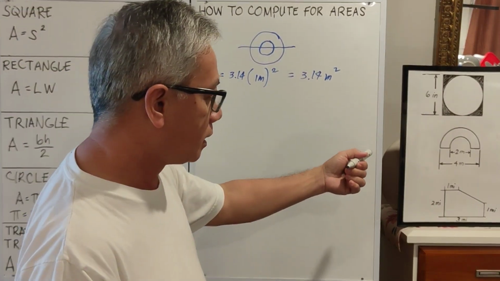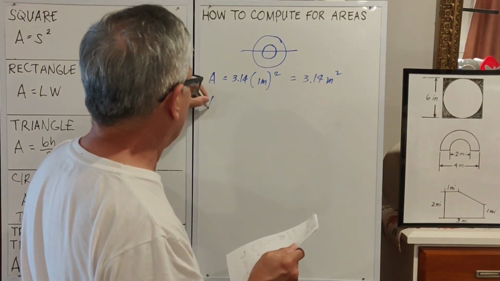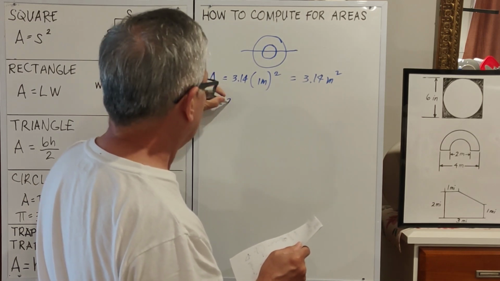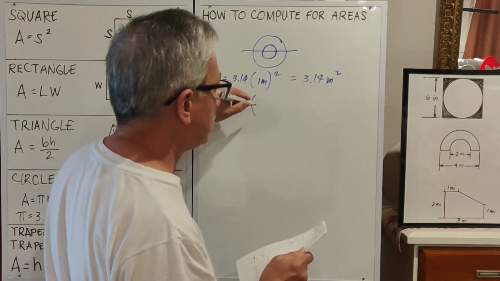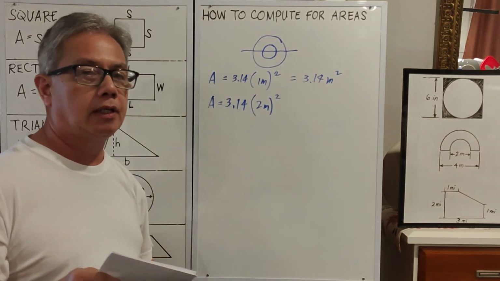Now we compute for the area of the larger circle. The larger circle has a diameter of 4 meters, so the radius is 2 meters. So area is 3.14 times 2 meters, the quantity squared.